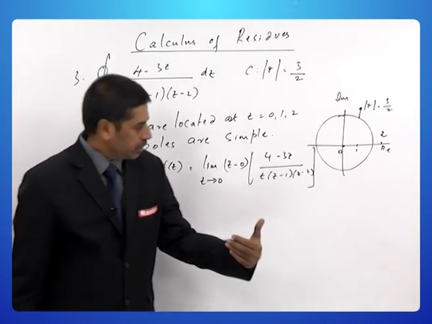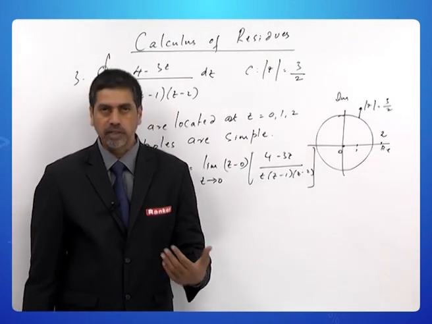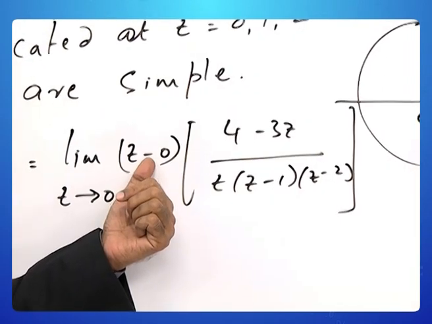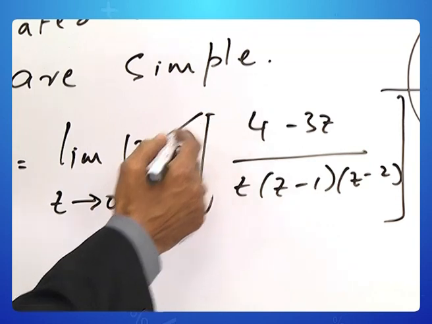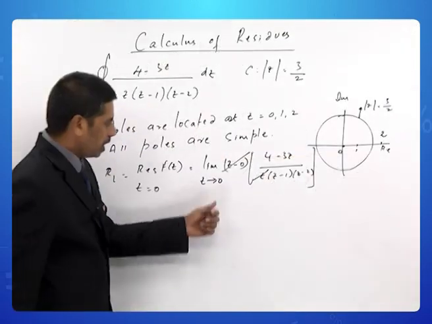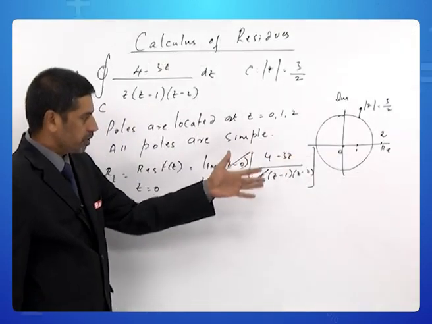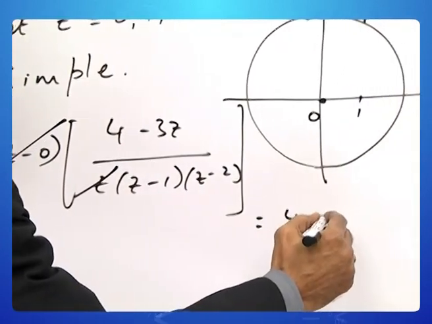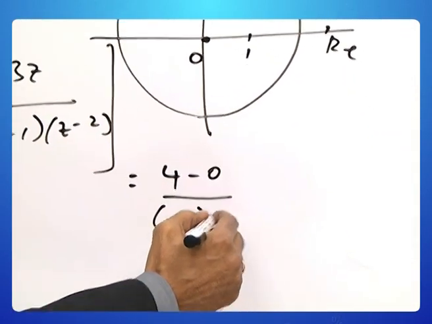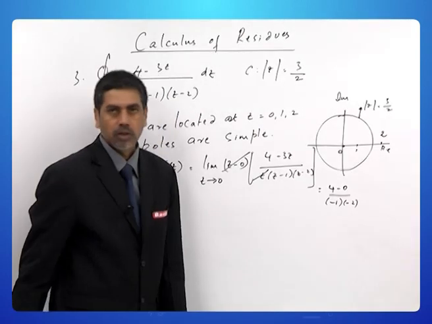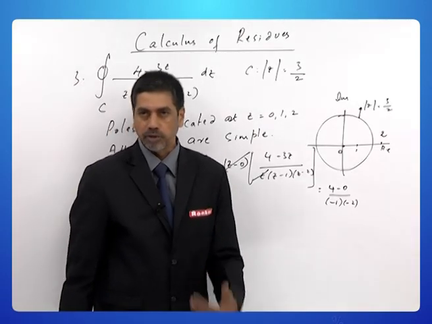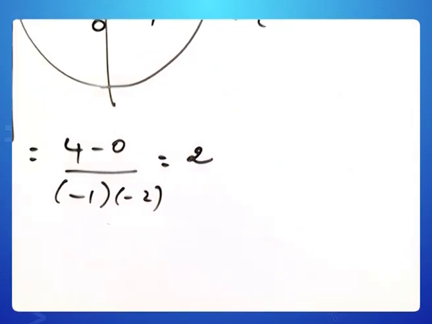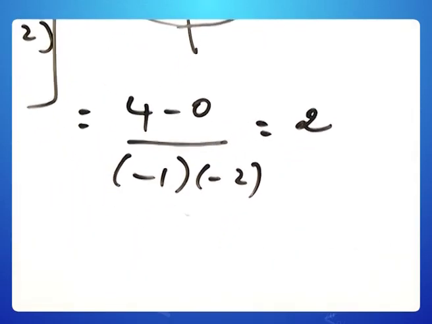In the second case, when we take the pole at z is equal to 1, we get z minus 1 here. Okay, that we will see. You cancel off this and just put z is equal to 0 in whatever remains. So you will have 4 minus 0 by minus 1 into minus 2. So therefore this will give us 4 by 2, which is equal to 2. So that is how we calculate the residue at 0.